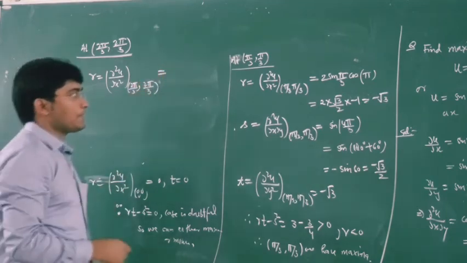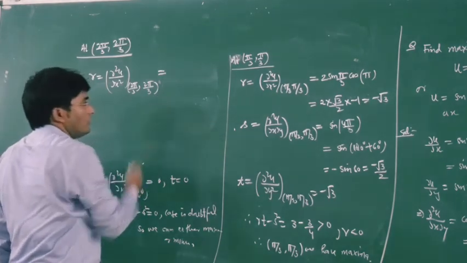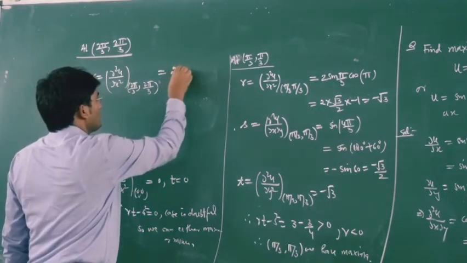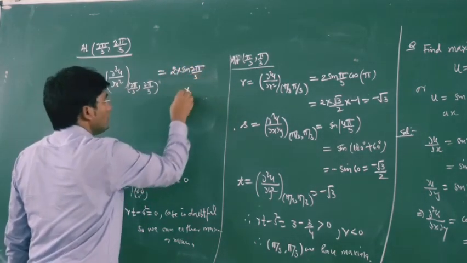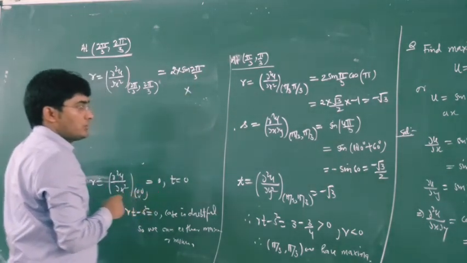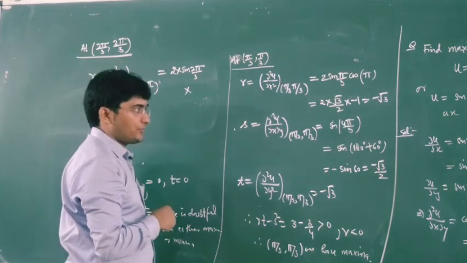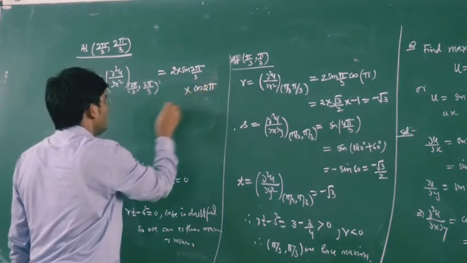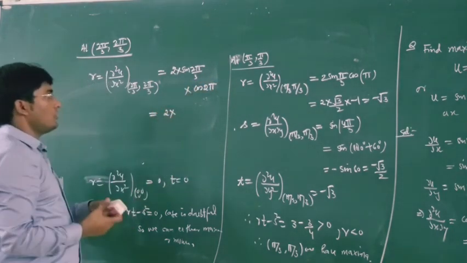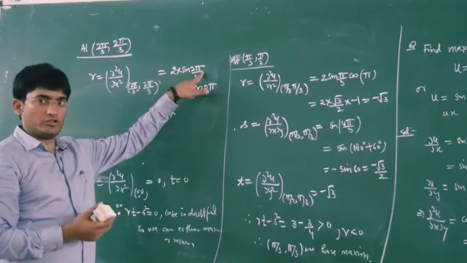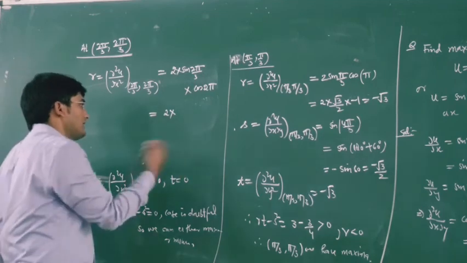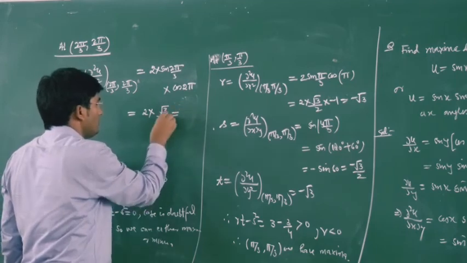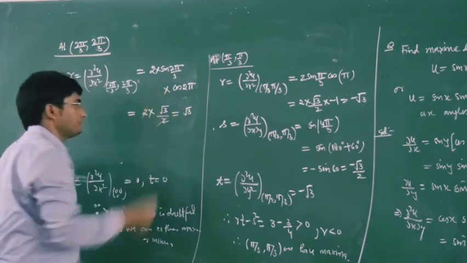Now your del t upon del x2 was 2 times sin y into cos 2x plus y, so this will be sin 2 pi by 3 into cos 4 pi by 3 plus 2 pi by 3, so cos 6 pi by 3, that means cos 2 pi, and cos 2 pi is 1, so this is equal to 2 times sin 2 pi by 3. Now sin 2 pi by 3 means sin 120 degree, which is sin 90 plus 30, so that is cos 30, which is root 3 by 2. So r is equal to root 3.